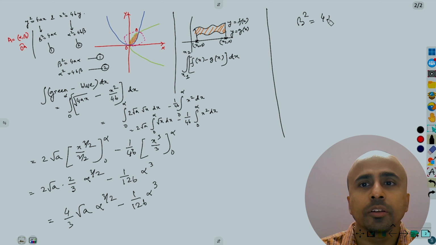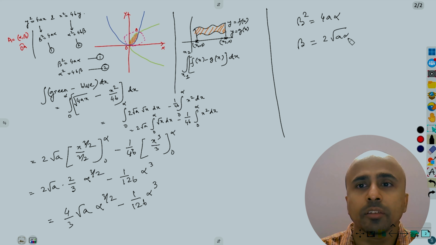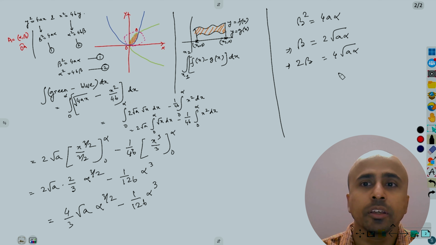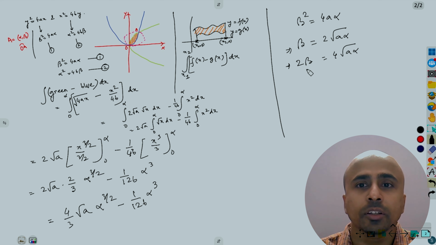Beta square equals 4a alpha. So we have beta equals 2 root a alpha. So 2 root a alpha, this is, so 2 beta, this implies 4 root a alpha. Okay, so 4 root a alpha equals 2 beta. Yes.